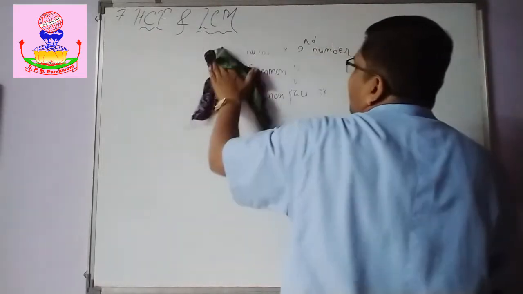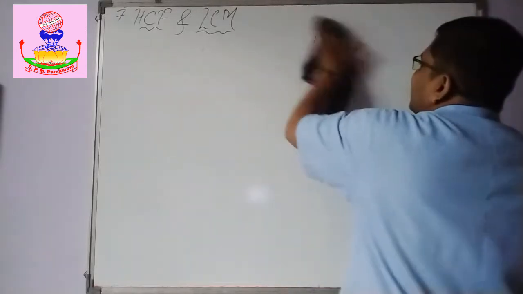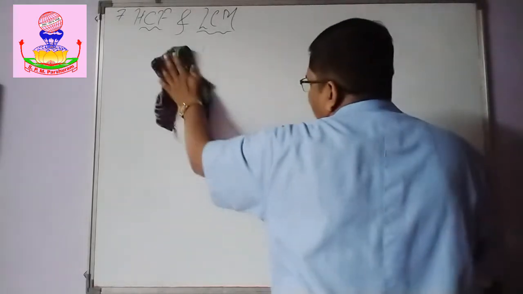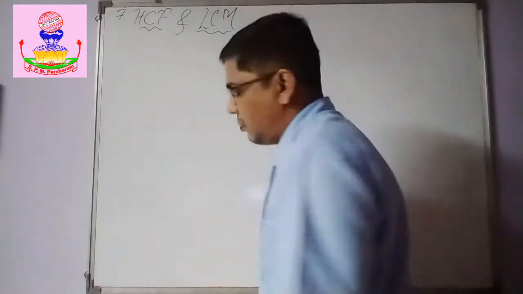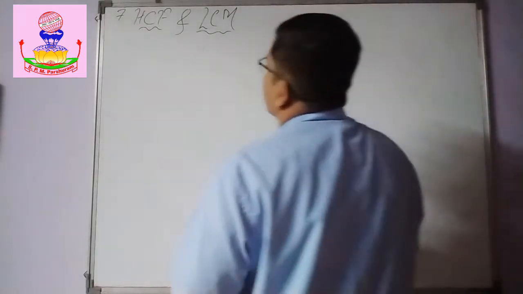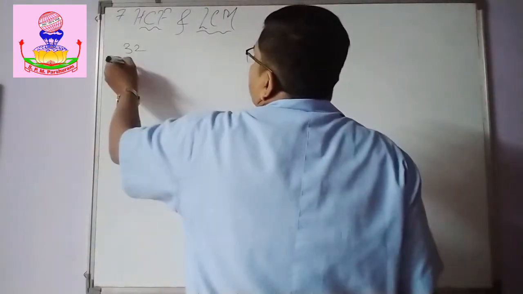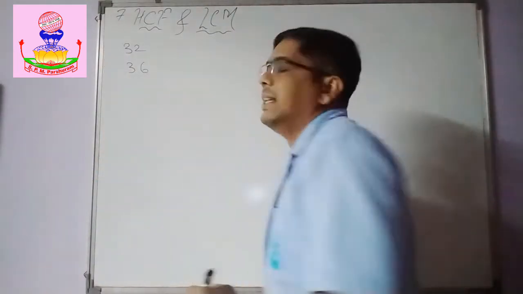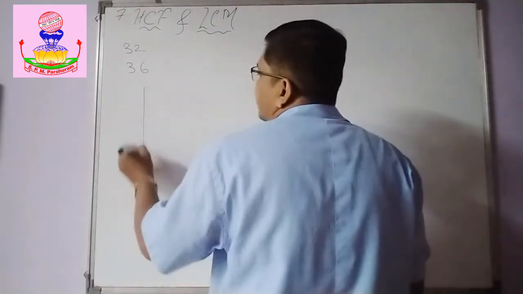Suppose I want to find LCM and HCF; I'll take the numbers 32 and 36. I want to find HCF as well as LCM by the prime factorization method.